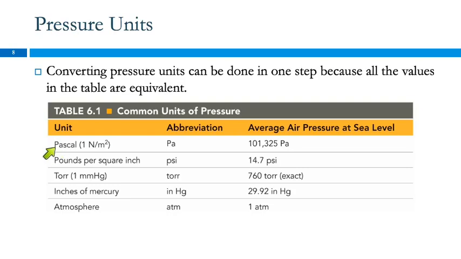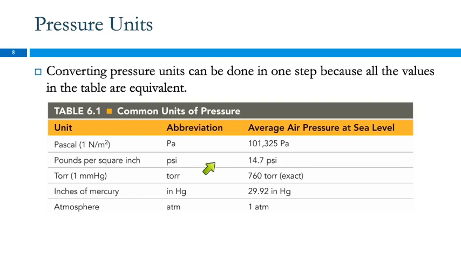So the Pascal is the SI unit, and that might show up in like a conversion factor problem or something, but we'll rarely use that in chemistry. Pounds per square inch is what's typically used like for measuring the pressure in your bike tire or your car tire. It literally means pounds per square inch. Pound is a unit of force. Square inch is a unit of area.